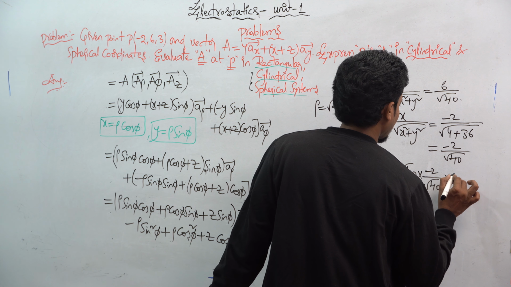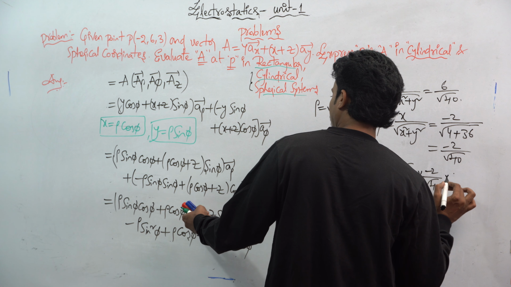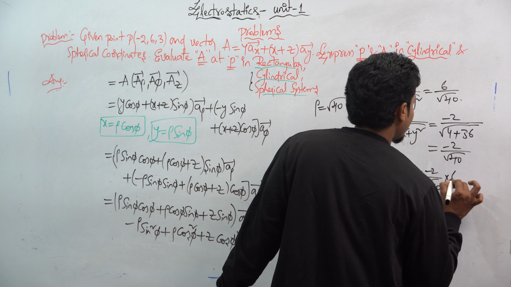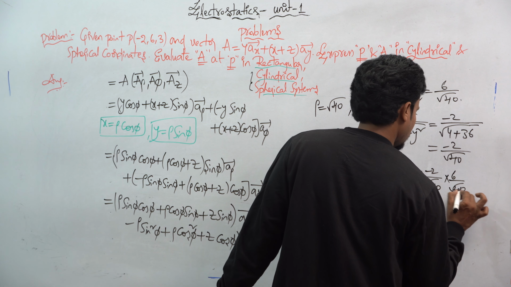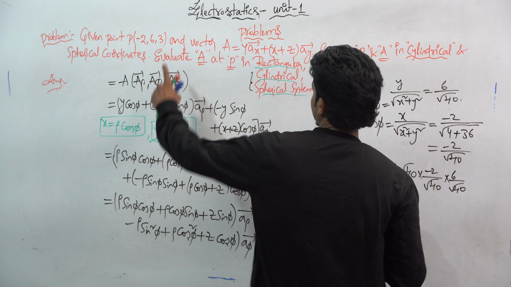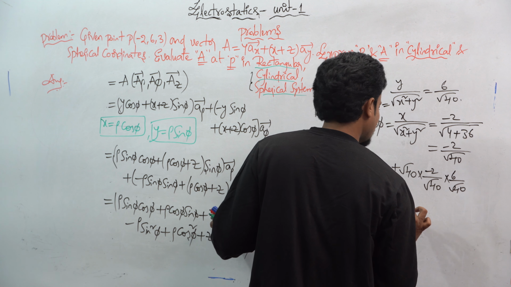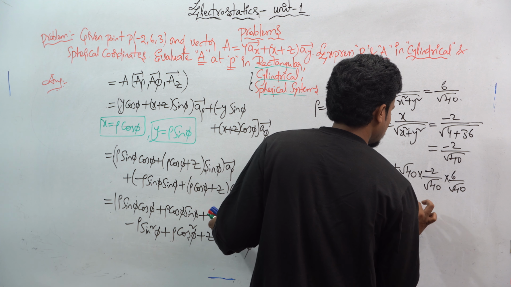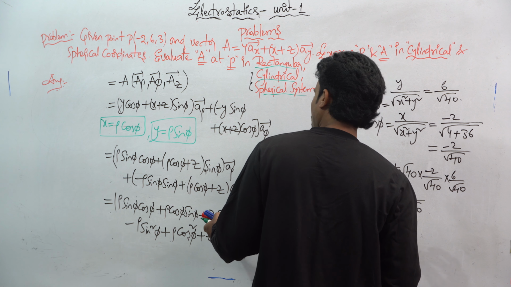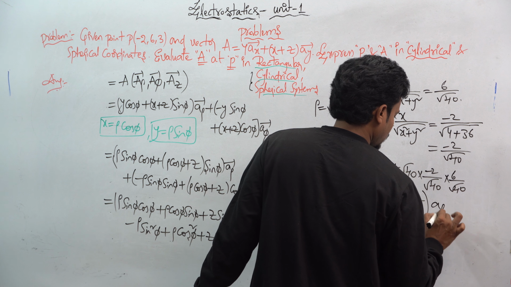And sin φ is 6 divided by root 40, plus z is 3, z is 3 into sin φ, 6 divided by root 40, so into a_ρ bar.